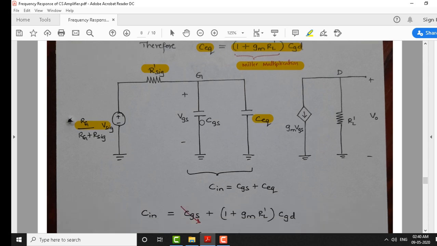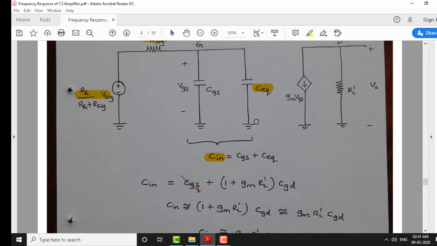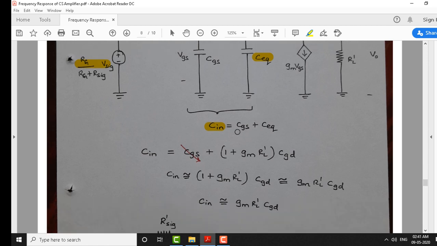So now the total capacitance at the input side is given as C in, the input capacitance, which equals the sum of these two capacitances, because they are in parallel. So now we can substitute the C equivalent that we have derived. So C in equals CGS plus C equivalent, which is 1 plus GM times RL dash into CGD.